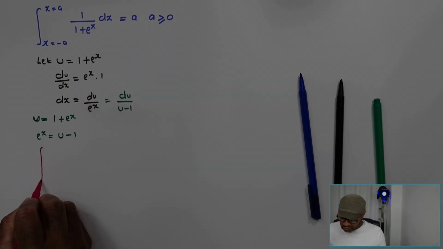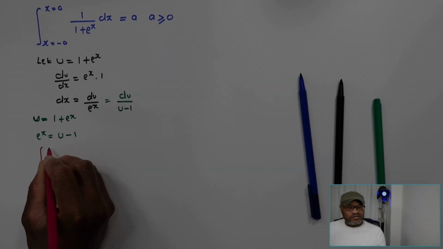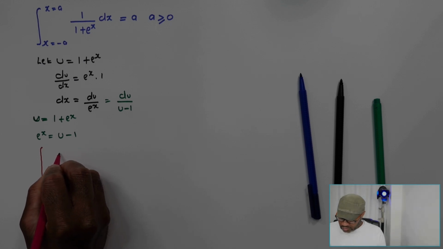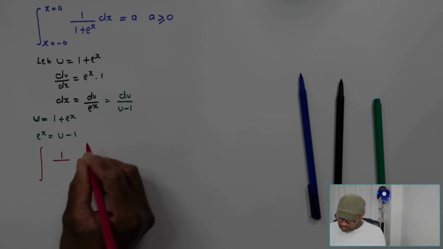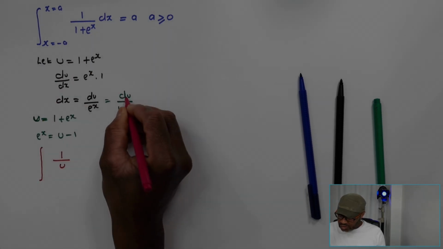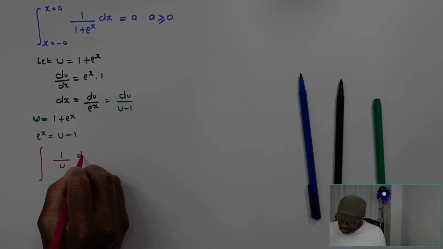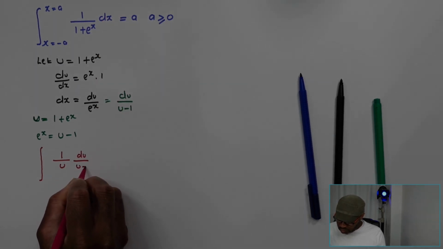So if I'm integrating now, I need to change the boundary conditions as well. I'm going to integrate 1 over u, and dx will be du over u minus 1.